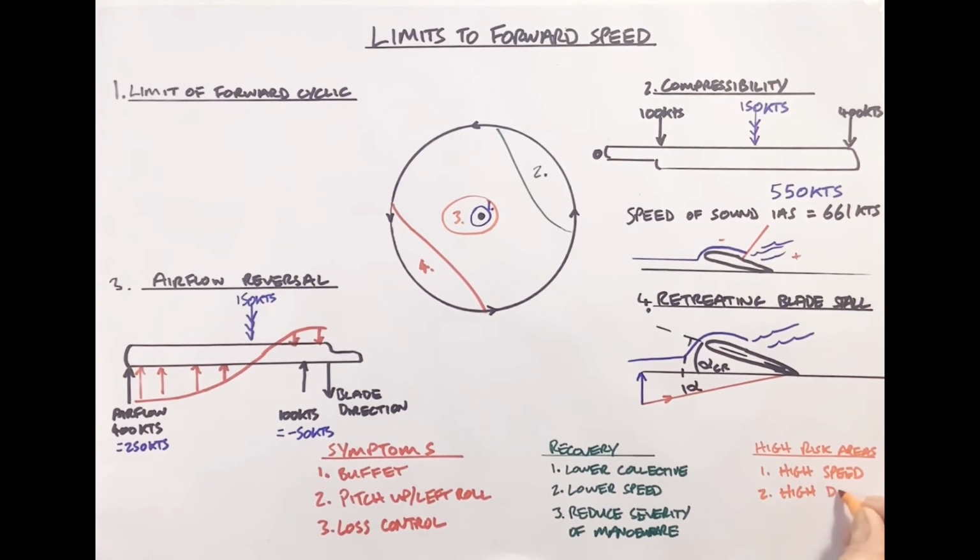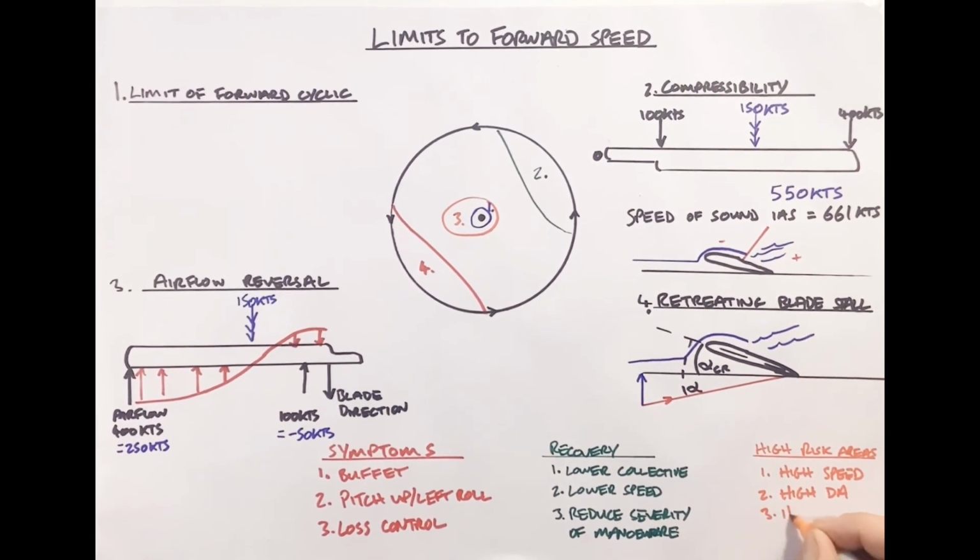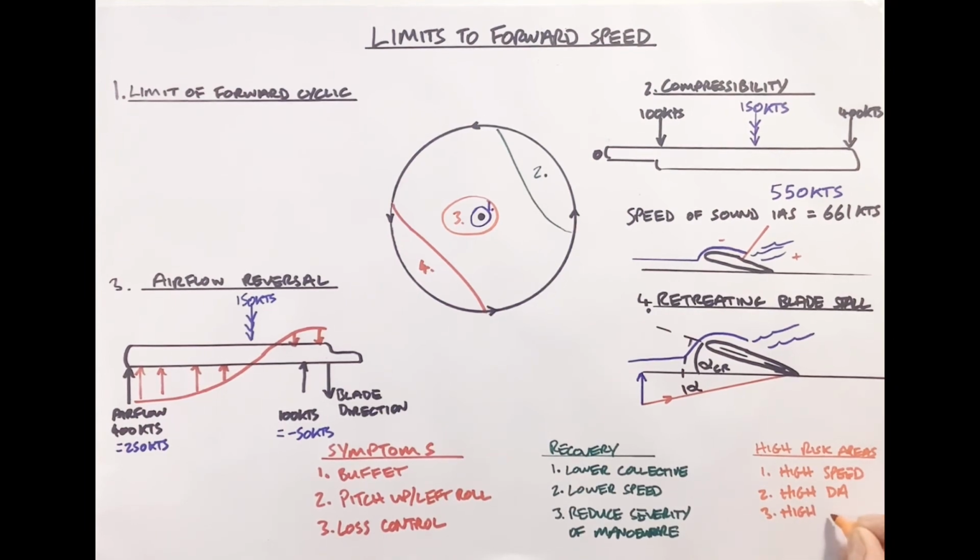Okay, so high DA, high all-up mass, all of these areas are going to affect the amount of lift you need to produce, and also they're going to affect the lift equation. As soon as they affect the lift equation, that's when you're going to need to add either more power, more angle of attack, or more lift.